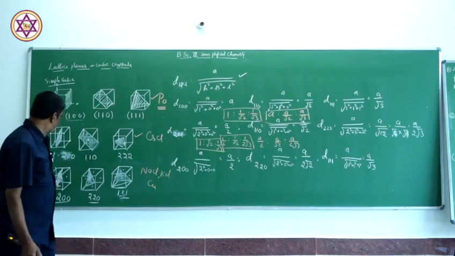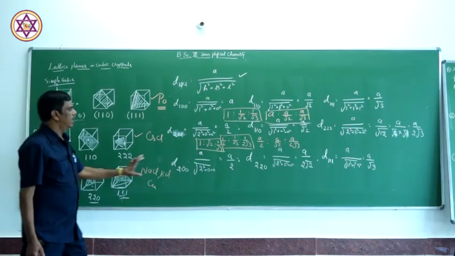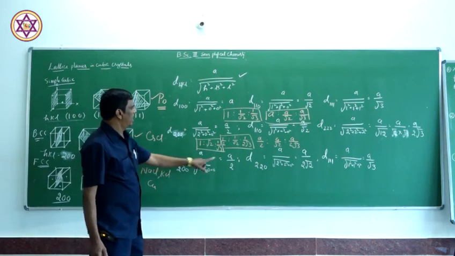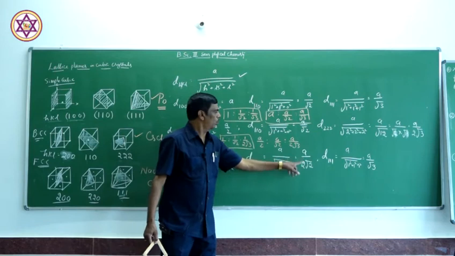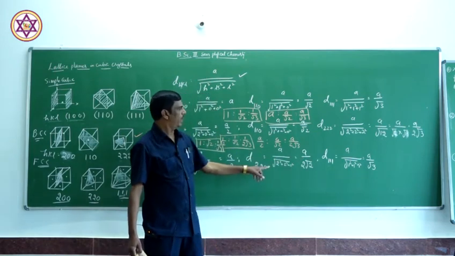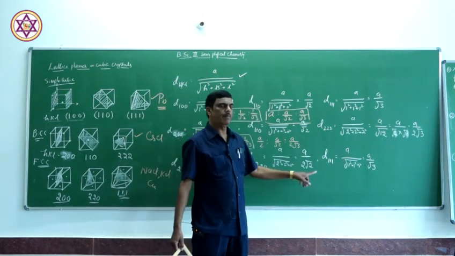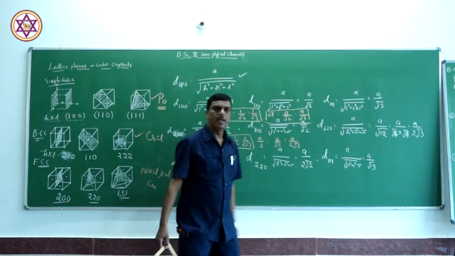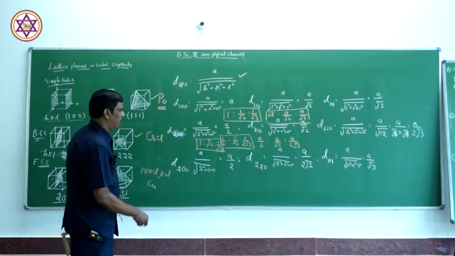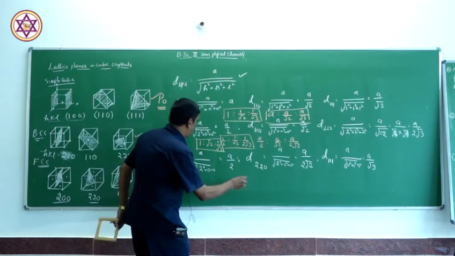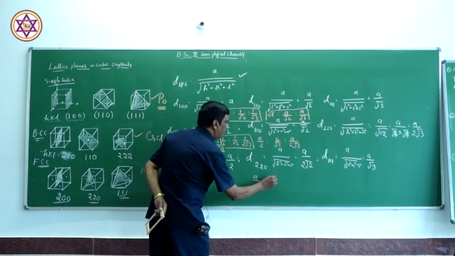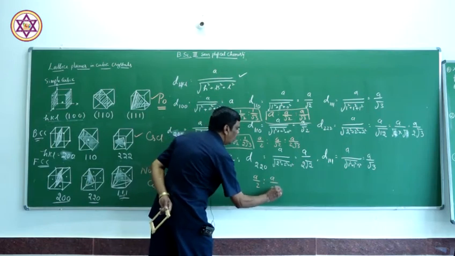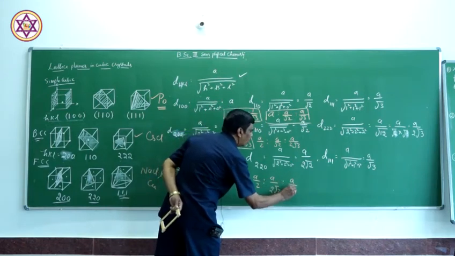Similarly, for the face centered cubic lattice, the interplanar distances are a by 2 for the 200 plane, a by 2 root 2 for the 220 plane, and a by root 3 for the 111 plane. Now, take the ratio: a by 2 is to a by 2 root 2 is to a by root 3.